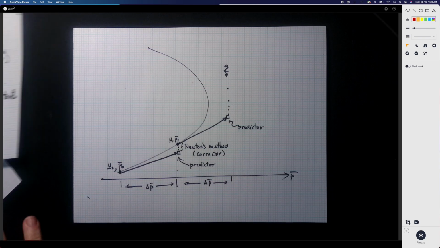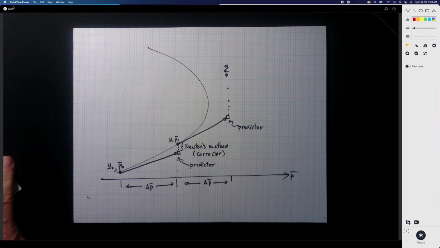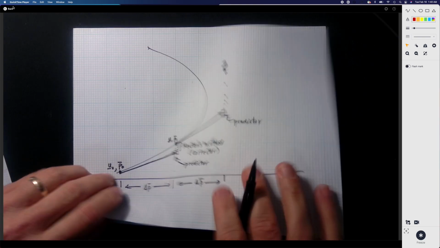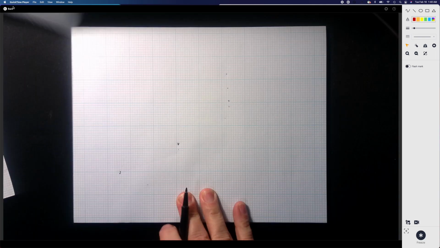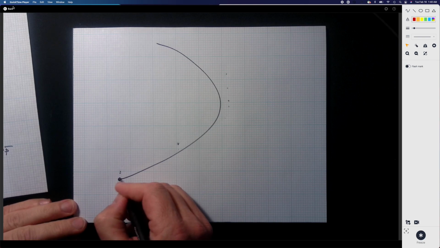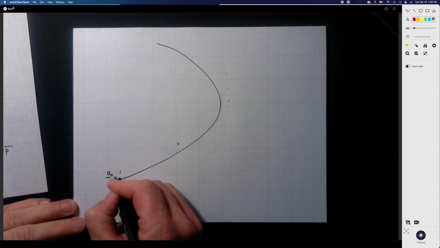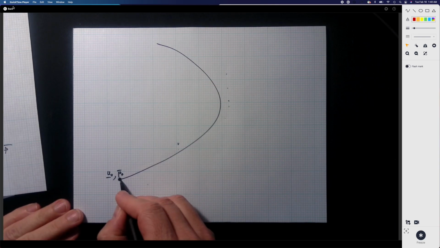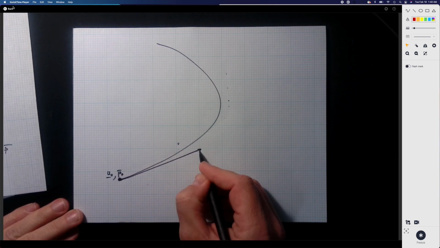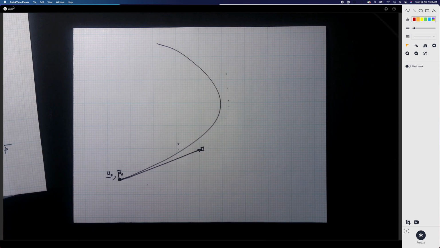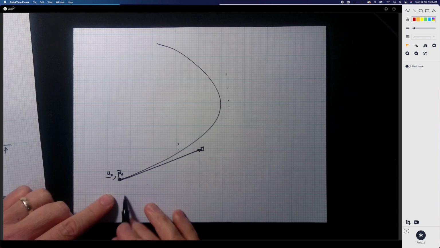So the solution is going to be the following. What we're going to do instead is we'll have the solution branch like this again. We have our solution u naught and p bar naught. We'll take the predictor again. But now we're not going to have a fixed delta p bar.